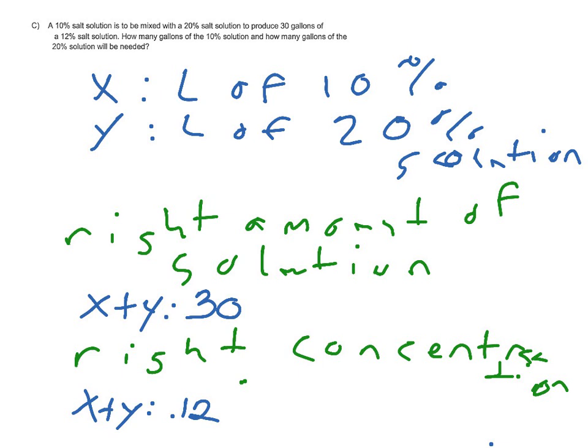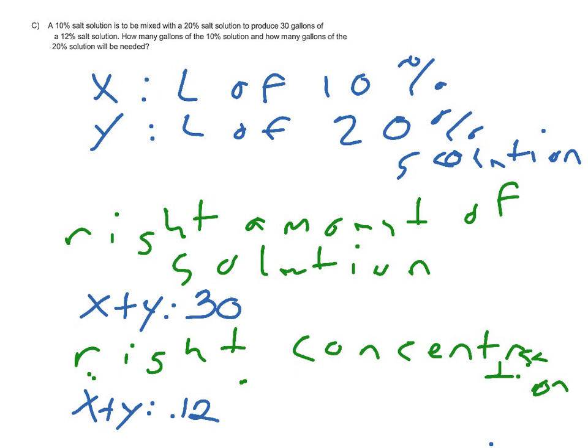But the problem here is, if you put 3 liters of the 10% solution in, you're not really getting 3 liters of salt. This would be the equation if both solutions were 100% solutions. Then you would want the salt from here and the salt from here to equal 0.12 times something.